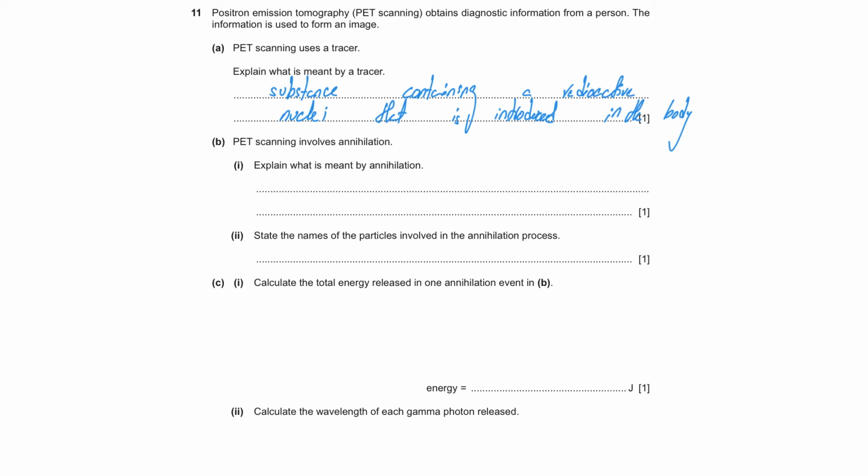When it decays, it emits a positron. That positron interacts with an electron and it annihilates. Annihilation is when a particle interacts with its antiparticle and the mass of both converts into energy. After that annihilation, we get two gamma photons that travel in opposite directions. They exit our body and are detected by detectors outside.